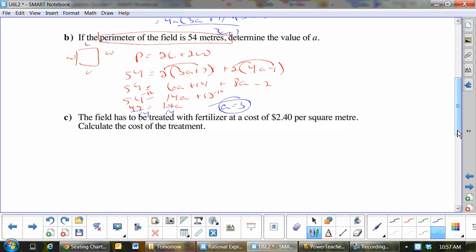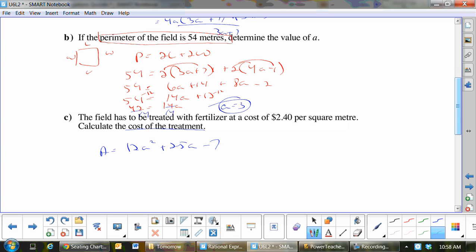Now C says, find the cost to treat it with fertilizer. And it's $2.40 a square meter. Well, we know the area is 12a squared plus 25a minus 7. That's right from the question. That's the area.